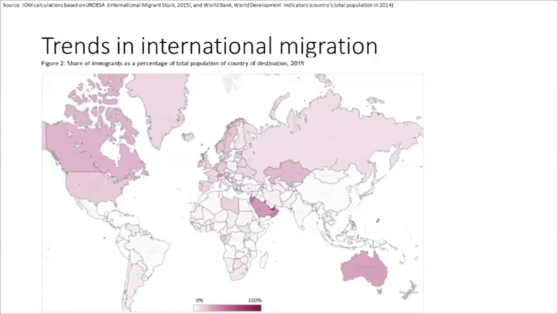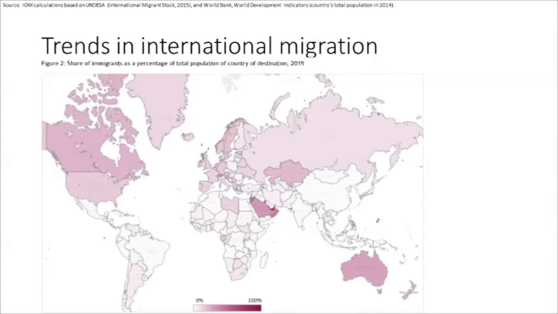In Northern and Southern America, it's clearly Canada and the United States who are the most attractive countries because they are the two most developed countries in Northern and Southern America. So it's especially people coming from Southern America who are migrating to Northern America, but also people from other parts of the world.